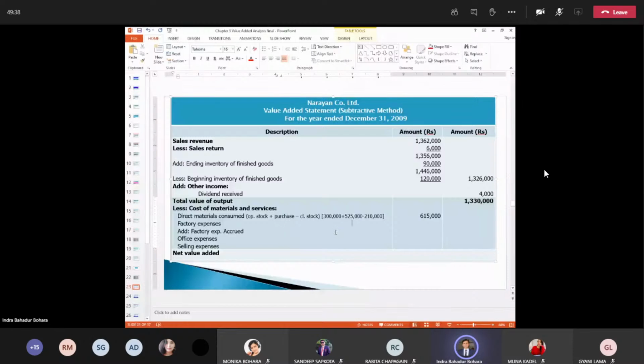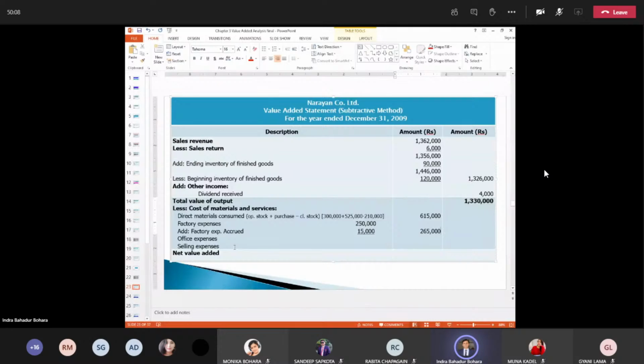So factory expense is 2,50,000, and you can add accrued expense of 15,000, and the total factory expense is 2,65,000. Or you can write it separately in the amount column.